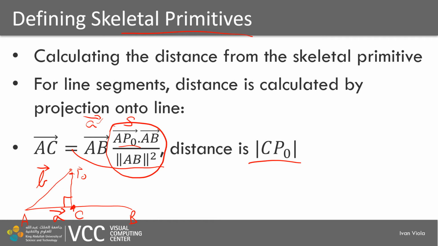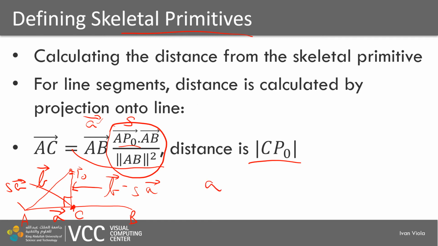So the vector CP0 we can also call the vector B minus S scalar A. So AC is SA, and B minus SA will give us this line segment CP0. Now this line segment is perpendicular to AB.